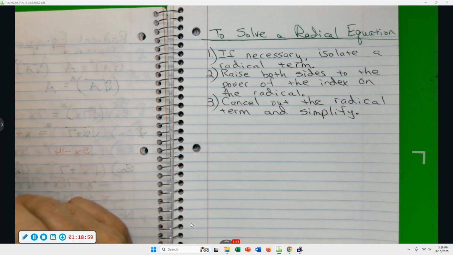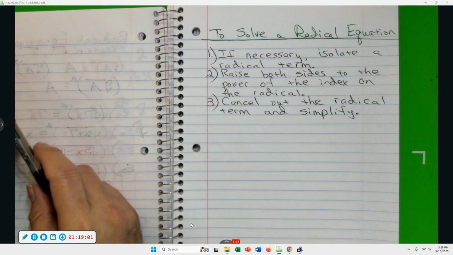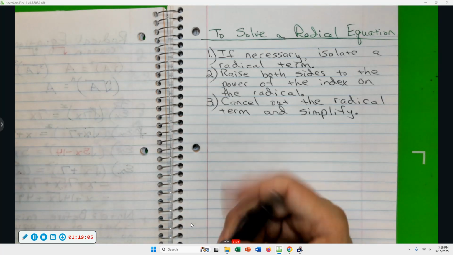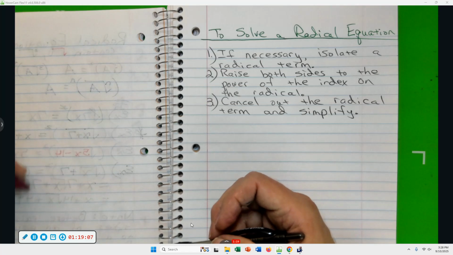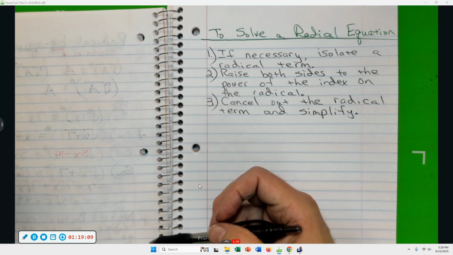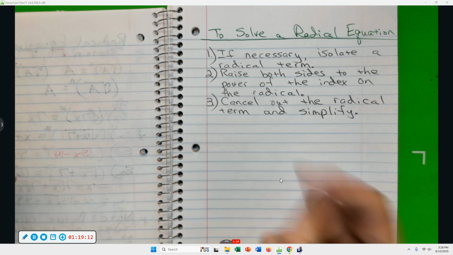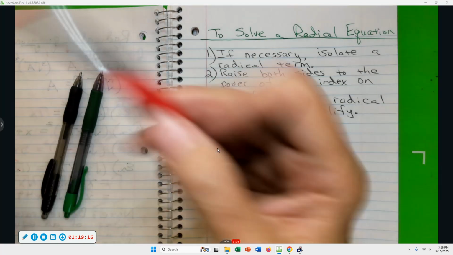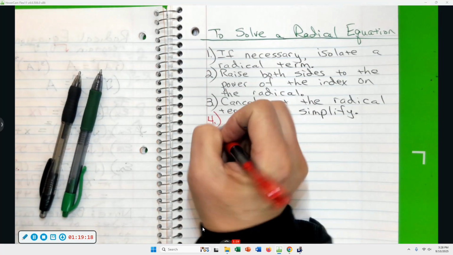Now, if you still have a radical term remaining, you then have to repeat this process, okay? Isolate the remaining radical, square both sides, eliminate the radical. So on step 4, I'm going to write it in red because hopefully we don't have to do this very much.